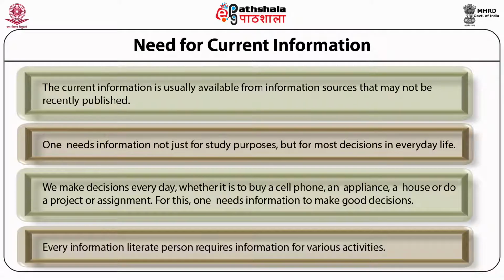Every information literate person requires information for various activities. So all this necessitates a need for current information. In this module, we are going to discuss, therefore, the sources for current information.